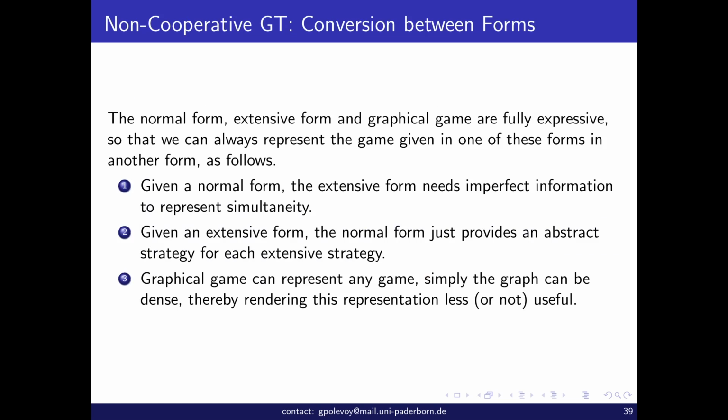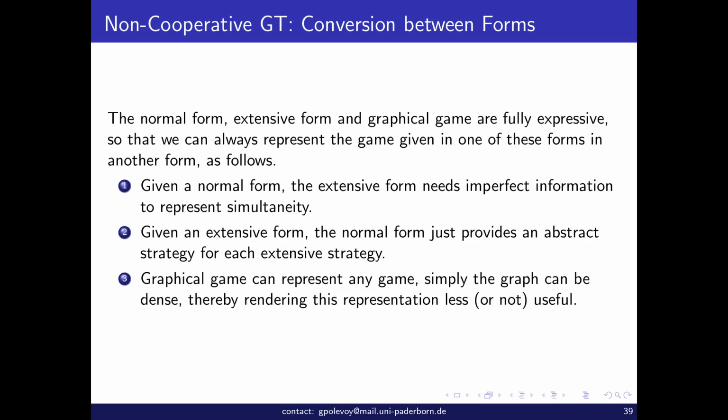Okay, so now let us talk about how we can convert. Again, that's not something we're going to do a lot in this course. Don't worry if you don't really like it, but try to understand the main ideas. We need to sometimes convert between one representation and another. So the normal form, the extensive form, and the graphical game, as I've said, are fully expressive.